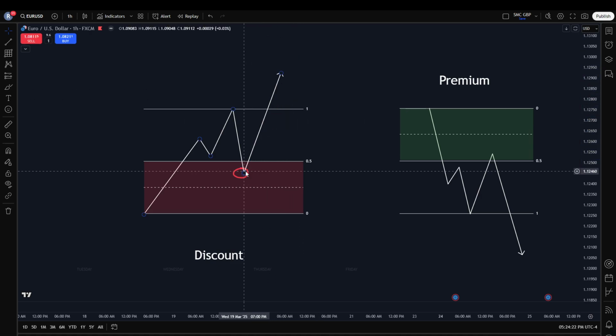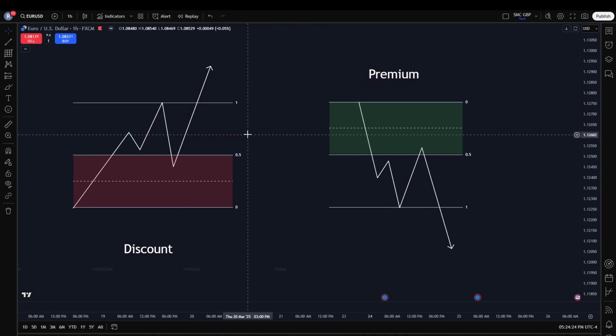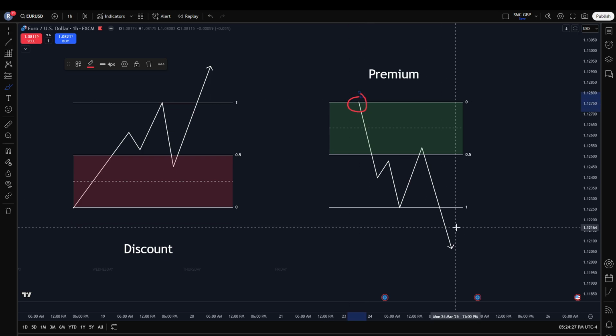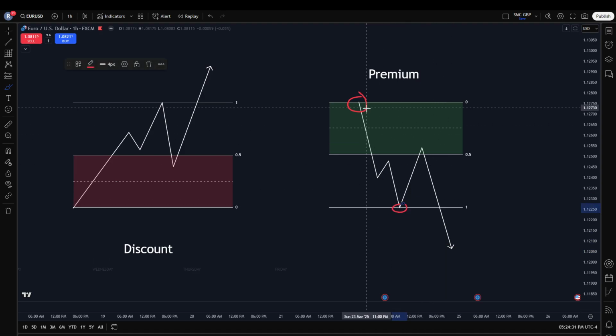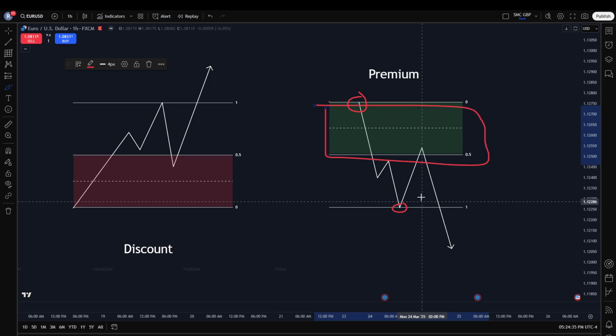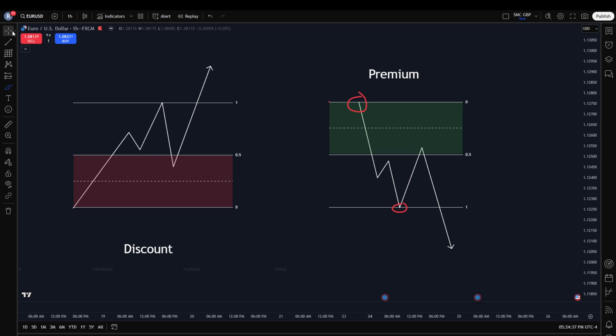And same thing for premium. Okay, premium is when you have your high and your low, or sorry, it would be your low here. You draw out your fib tool, whatever it may be. The top 50% is your premium. So if you're still bearish, you're expecting price to retrace to this top 50% to rebalance.